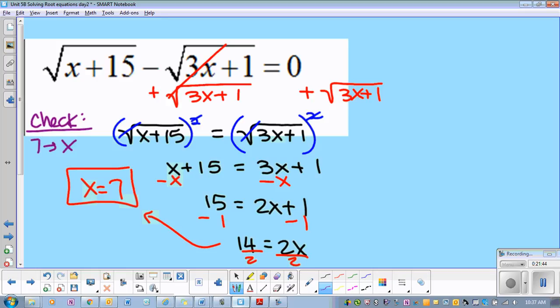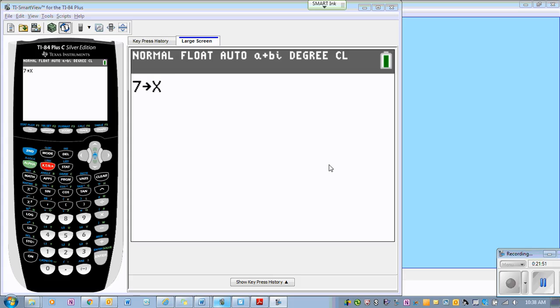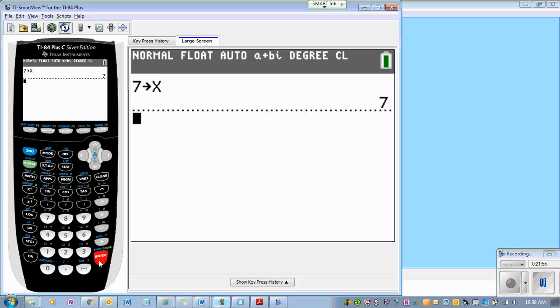7 store for x. Right? Now when I put this in, I'm going to do 7 store for x. Don't forget to put that in. You've got to tell the calculator what number to use. Now my original problem, let's see. Be careful because you have 2 square roots here. Square root of x plus 15. I'm going to close my parentheses because that first one closes there after the 15, right? Or you have to arrow out.